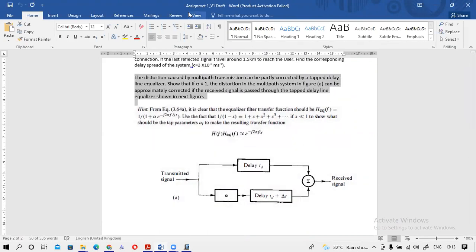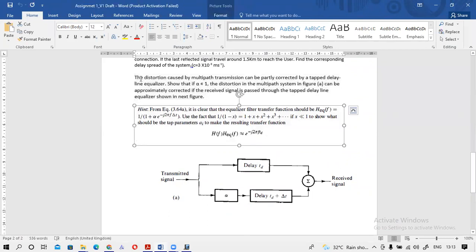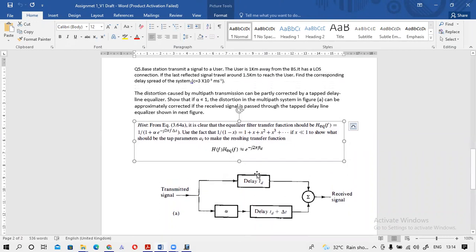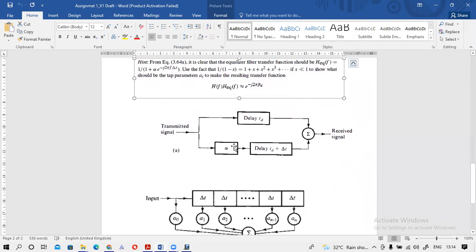So here we know that an equalizer can suspend or minimize amplitude or phase distortion of a signal. We already know that. So here we have a channel.